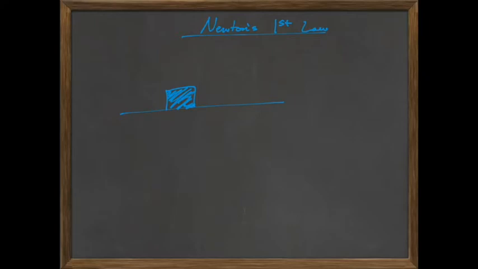We'll say it has a mass of some units. Let's say 2 kilograms. Now Newton's first law basically tells us that this object will stay, if it's starting with no velocity, so we'll say it's at rest. How do we change that?